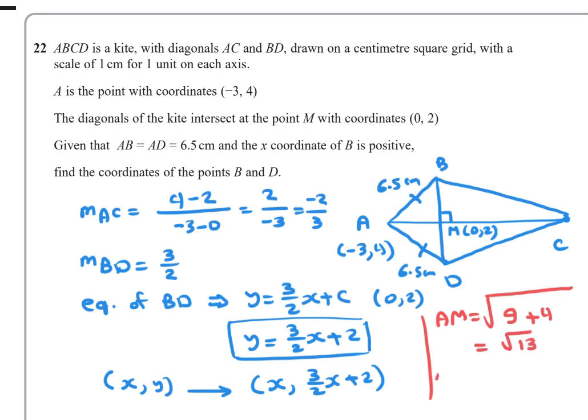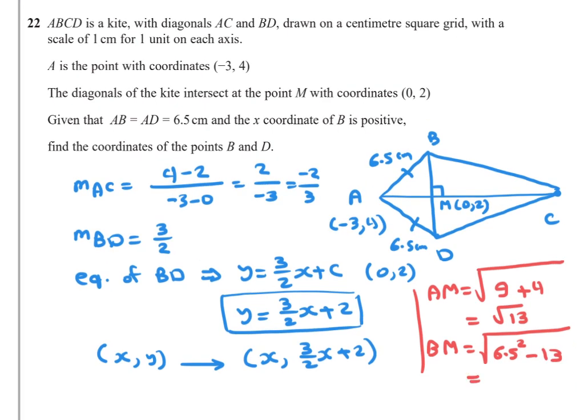Now to find BM equals square root of 6.5 squared minus AM squared, which is 13. So BM equals square root of 6.5 squared minus square root 13 squared, which is 13, so minus 13, equals square root 29.25.